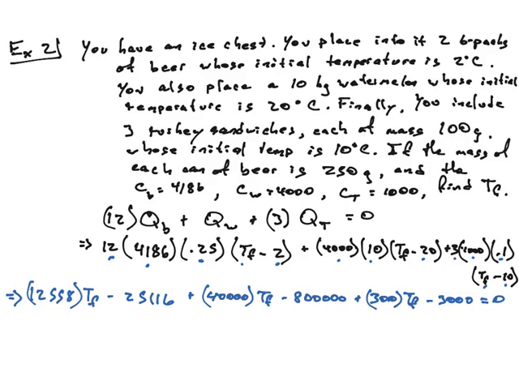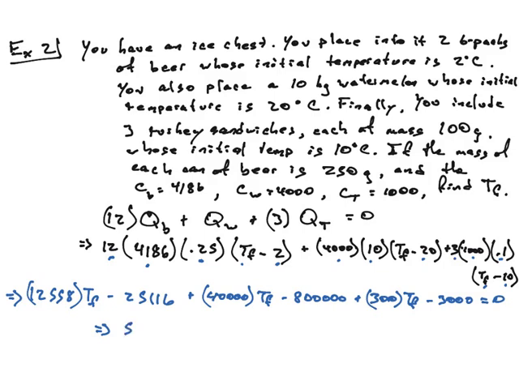So now we have our big long equation, whole bunch of numbers, and TF is the only unknown sitting here. So let me collect all the TFs on one side. So what do we get? We have 12558 plus 40,000 plus 300.